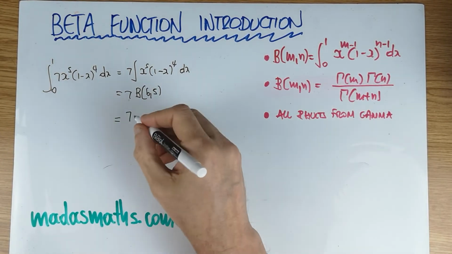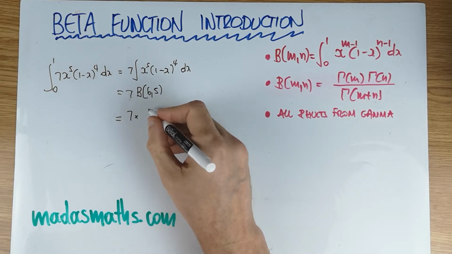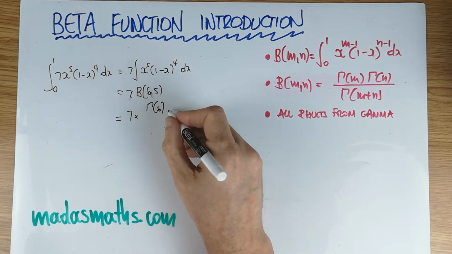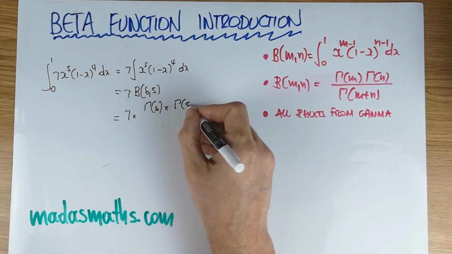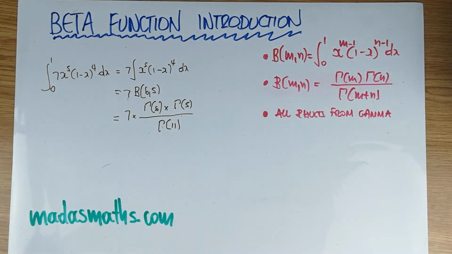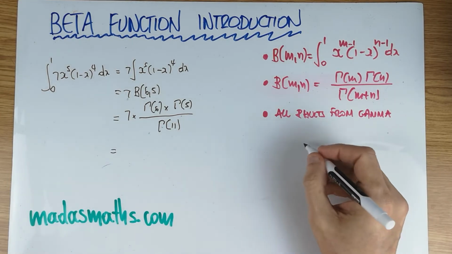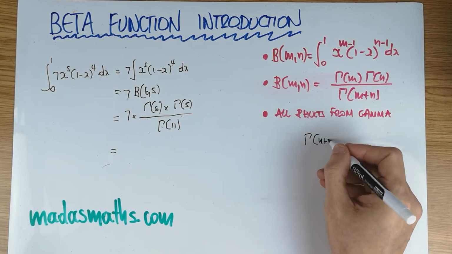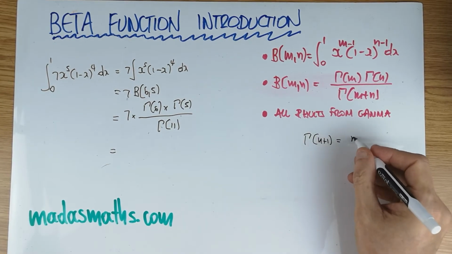We need this result. So that's 7 times the gamma of 6 times the gamma of 5 divided by the gamma of 11. And remember, if we have positive integers in gamma, these are factorials. I'm just reminding you the gamma of n plus 1 is of course n factorial.